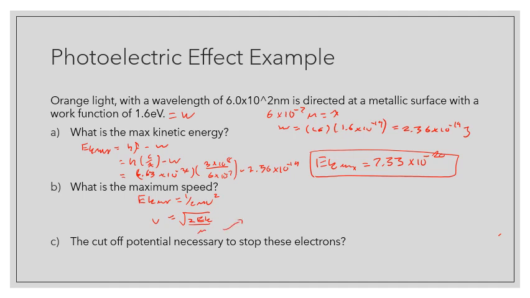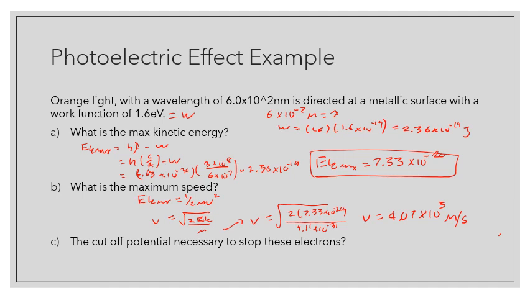So velocity is equal to 2 times 7.55 times 10 to the negative 20 over 9.11 times 10 to the negative 31. That's the mass of an electron. So velocity comes out to be 4.07 times 10 to the power 5 meters per second.